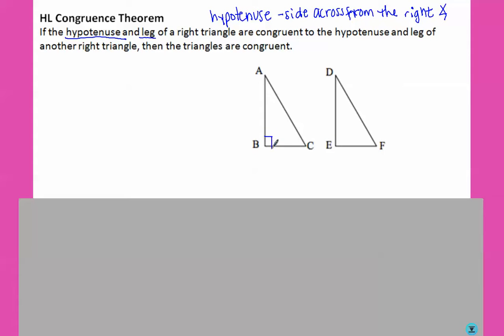So if these are our right angles, if the hypotenuse and leg of a right triangle are congruent to the hypotenuse and the leg of another right triangle, then the triangles are congruent. So AC and DF would be our hypotenuse. If those are congruent and either side, so it could be AB and DE, it also could be BC and EF. It doesn't matter which leg is chosen for it to fall under the hypotenuse leg congruence theorem.